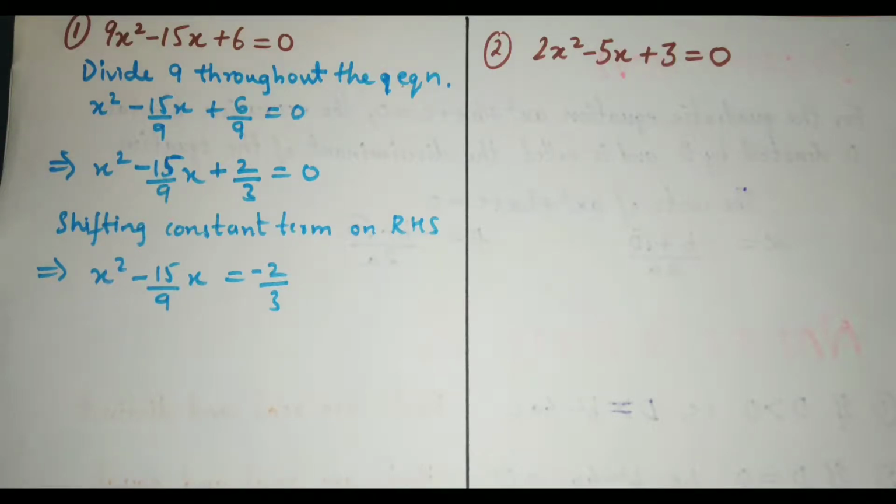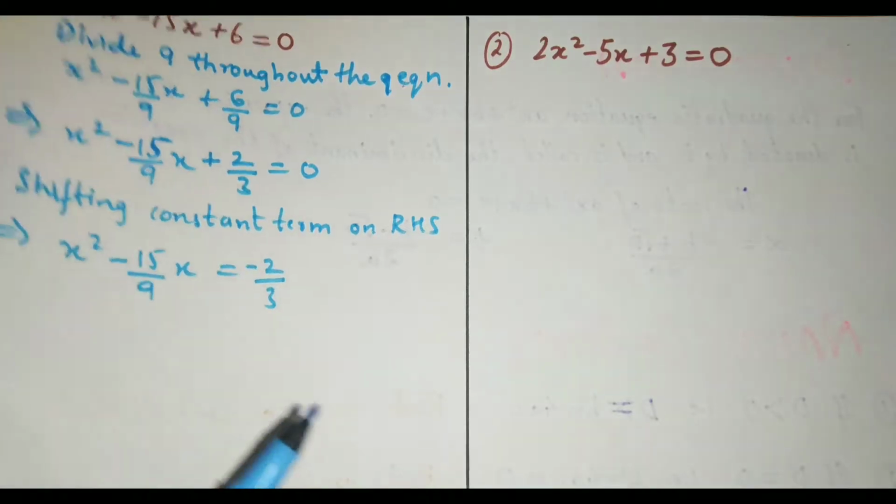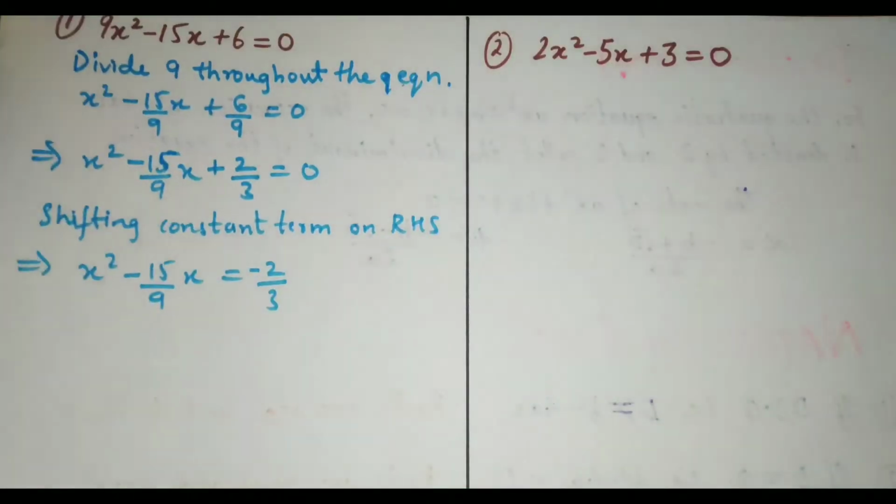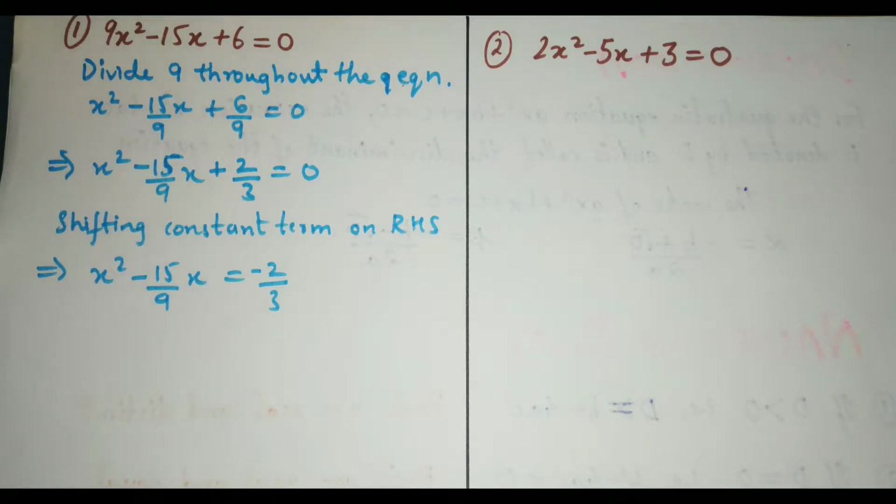The fourth step is that you have to add the square of half of the coefficient of x on both sides. So you have to add the square of the coefficient of this term.